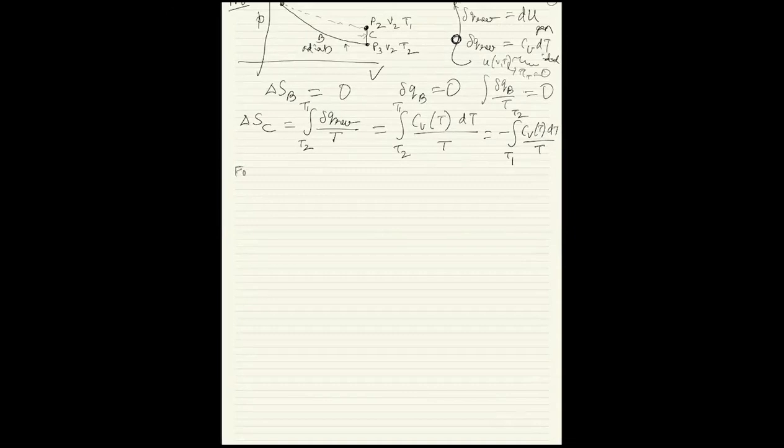Path B is an adiabat. What does that mean? That means dU is equal to delta W, since it's an adiabat, therefore delta Q is equal to 0. In addition, it's expansion work only, so this is equal to minus PdV.